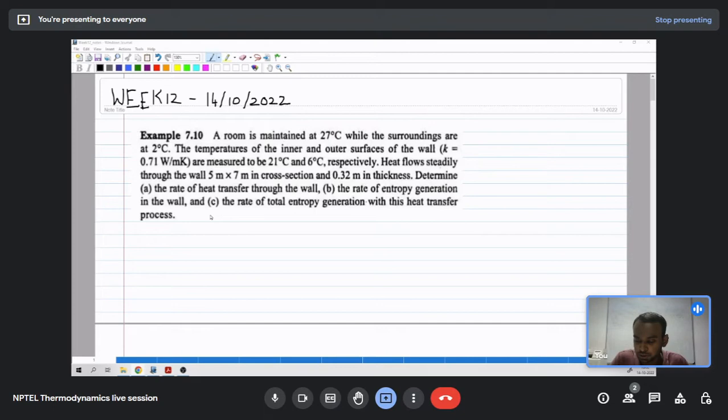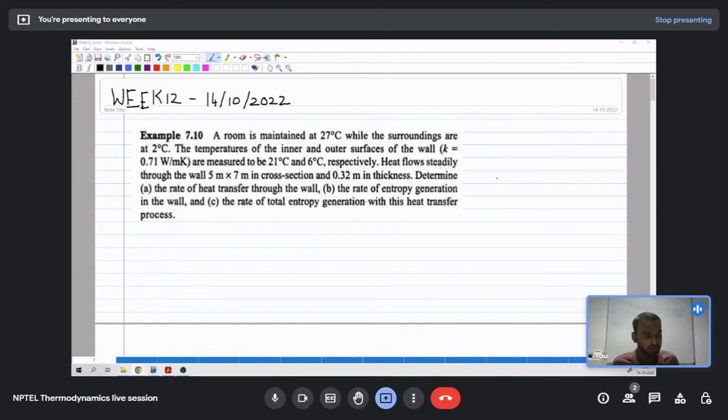Heat flows steadily through the wall with a cross-section area of 5 meters cross 7 meters and a thickness of 0.32 meters. Determine the rate of heat transfer through the wall, the rate of entropy generation in the wall, and the rate of total entropy generation with this heat transfer process.